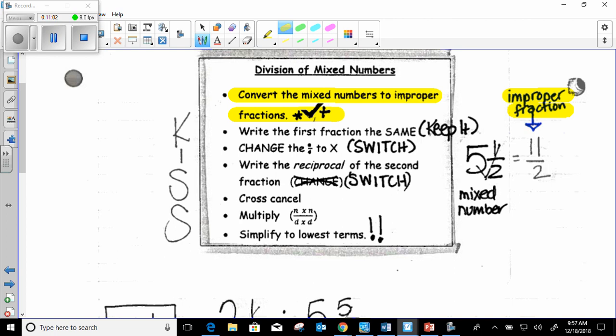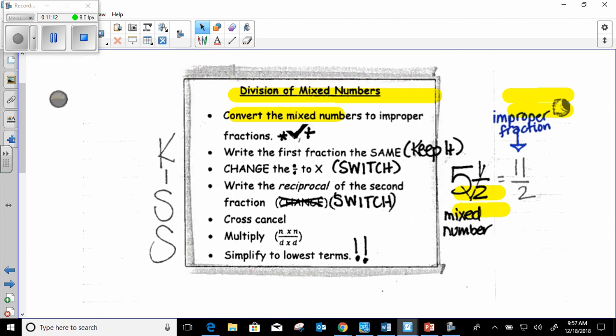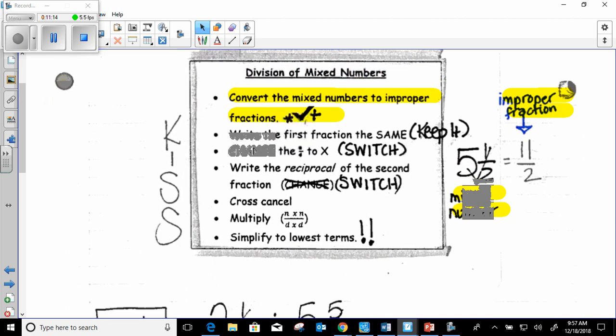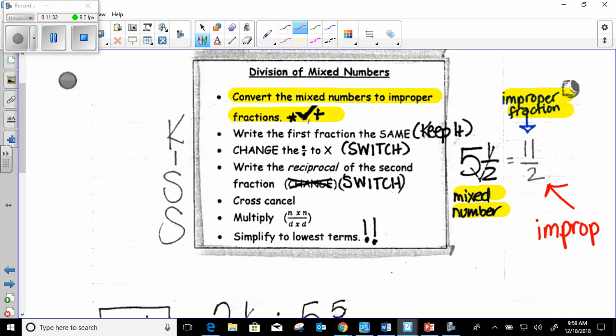This is called a mixed number. This right here is called what? Now, what's 11 over 2? What is that called? This is called an improper fraction.